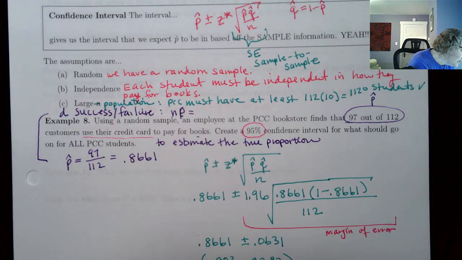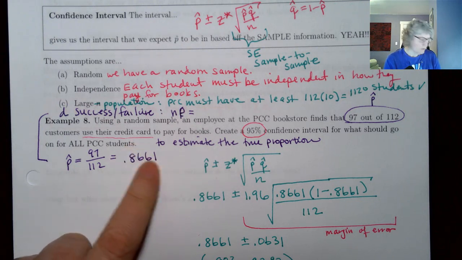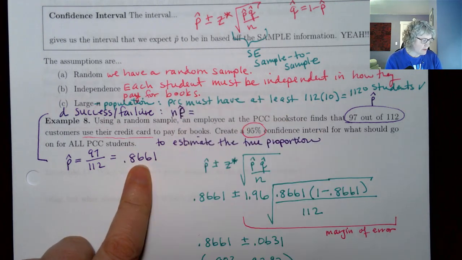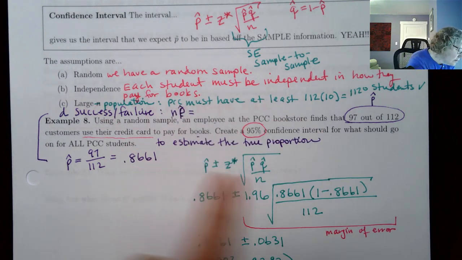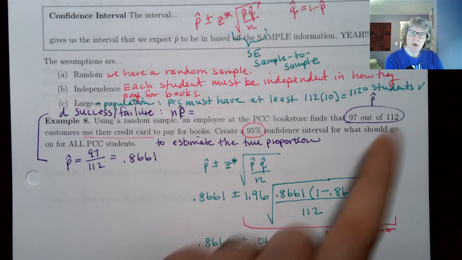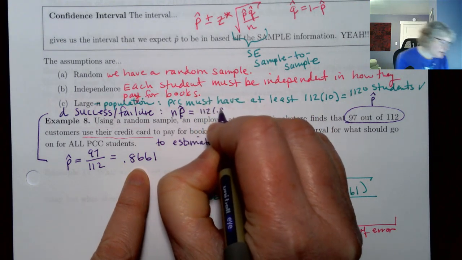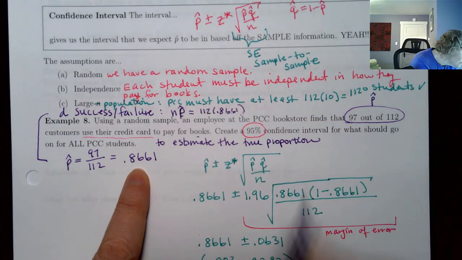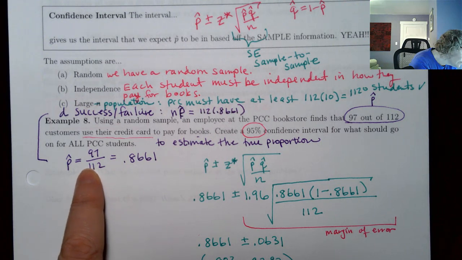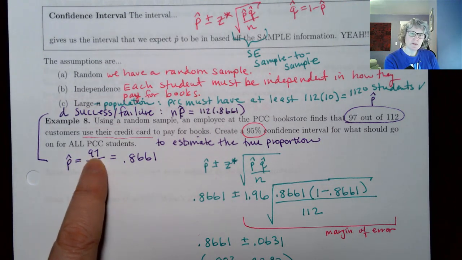So N times P is going to be, well, it's really P hat because that's all we have in our situation here. Our N is 112, so I'm going to do 112 times 0.8661. We could also use the fraction, and you might notice the 112s would cancel out.